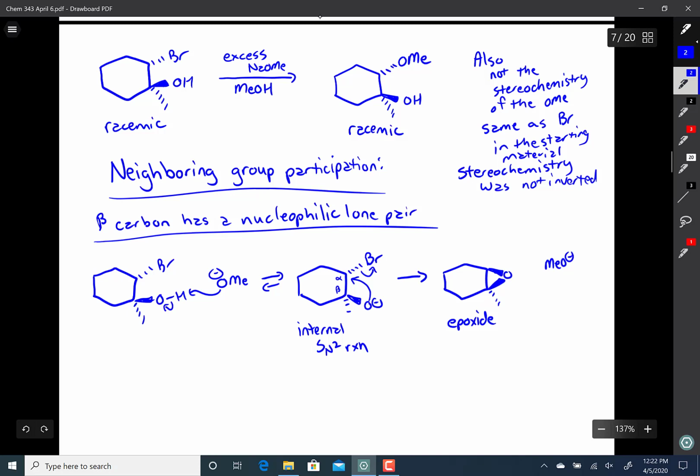Now epoxides are known to do just SN2 chemistry, and in base you're going to attack the less substituted side. In base you're going to attack the less hindered side, followed by a protonation.